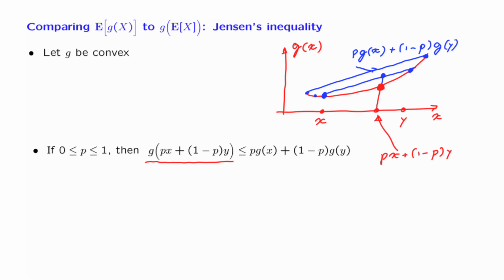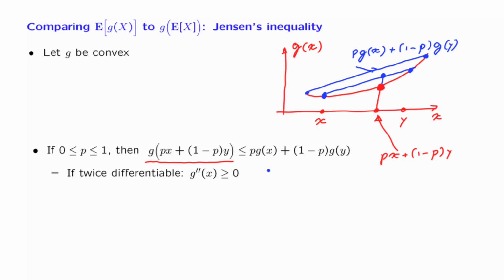Now, in terms of a picture, we see that a convex function tends to curve upwards. This means that the derivative or the slope of the function keeps increasing. An increasing slope means that the second derivative of that function is non-negative. And that could be an alternative definition of convexity.